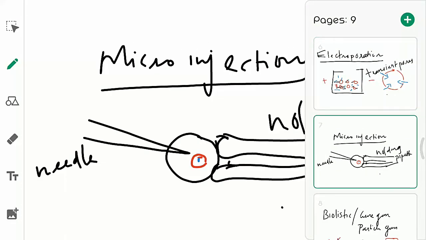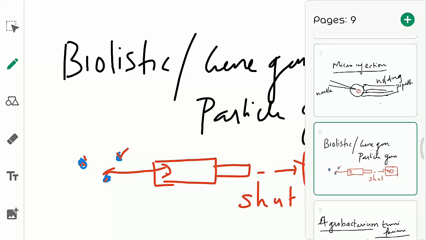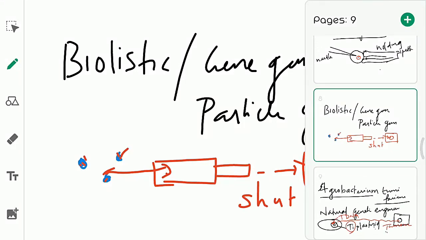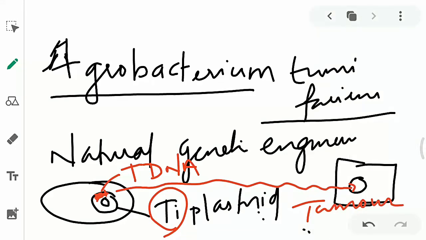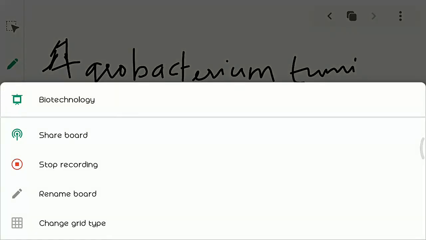Microinjection is using a syringe. Biolistic is another method where the particles are bombarded. And the last one is Agrobacterium mediated gene transfer. So these are the topics. I hope you got it clear. Thank you.